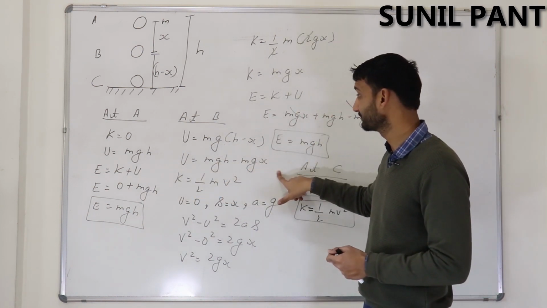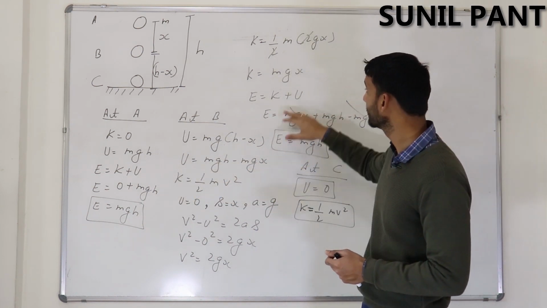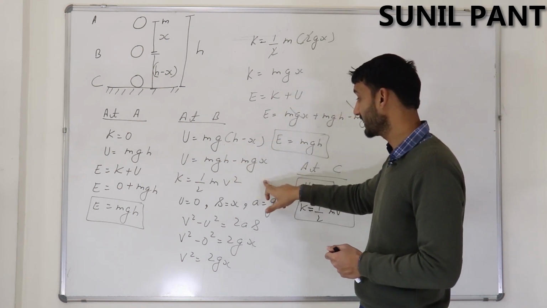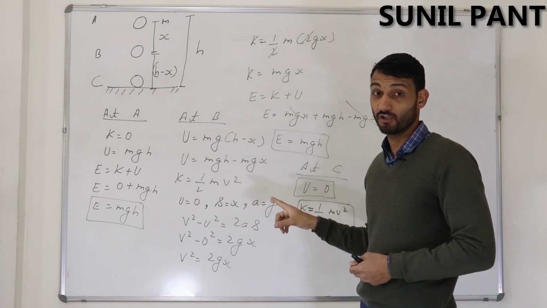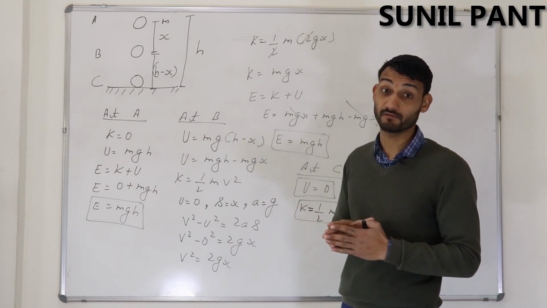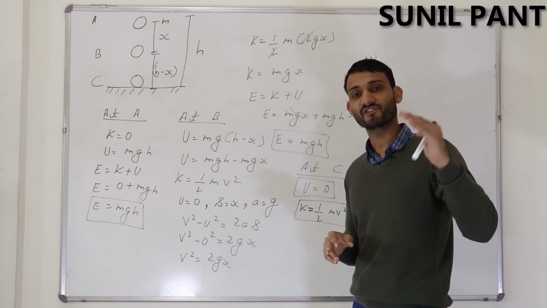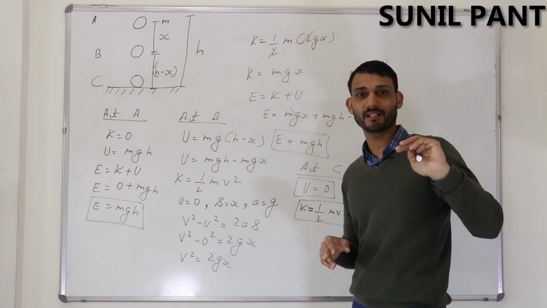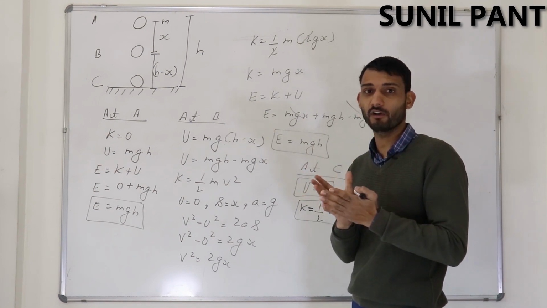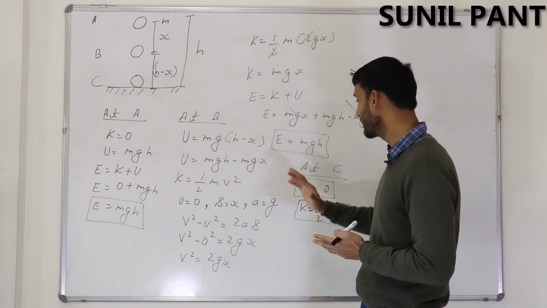In the second case, kinetic energy is mgx, potential energy is mgh minus mgx, but the total energy is mgh. So as we can see in both cases, the total energy remains constant or conserved. Although potential energy and kinetic energy keep on changing from one form to the other, the overall energy, that is the total energy, remains conserved.